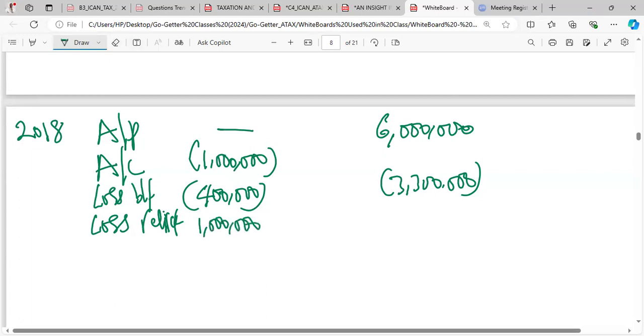Here will remain 5 million, right? Then we'll also take it to remove 3,300,000. Right? So what happened now is loss carried forward. Of course, this 1 million is being relieved. 400 is being carried forward.